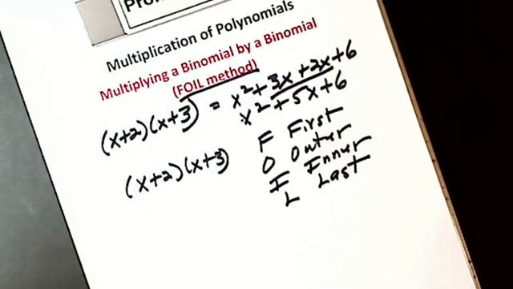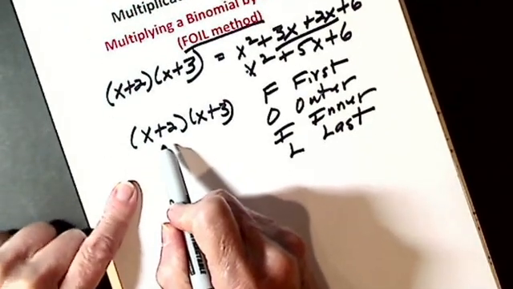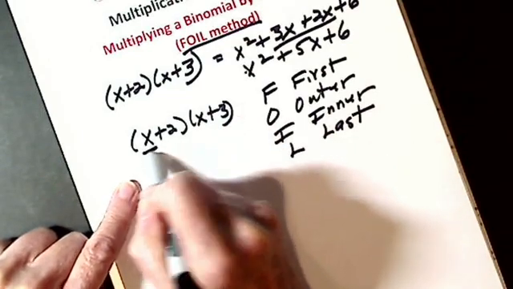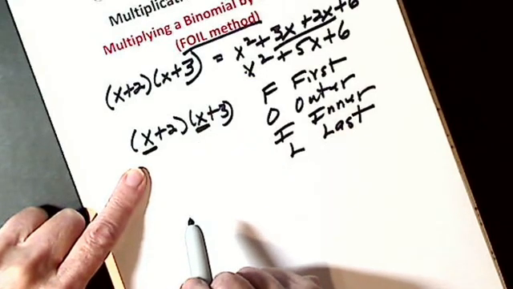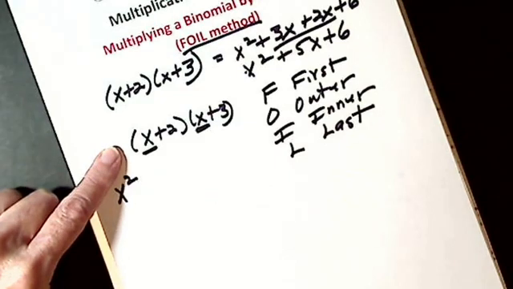So what we have to do is multiply 4 times: first, outer, inner, last. So here we go. This is a quantity. This is a quantity. This is the first term in this quantity. This is the first term in this quantity. We multiply first. I get x squared.